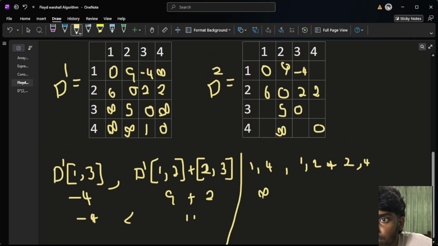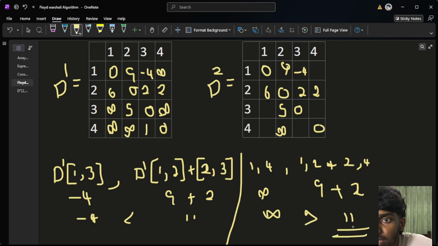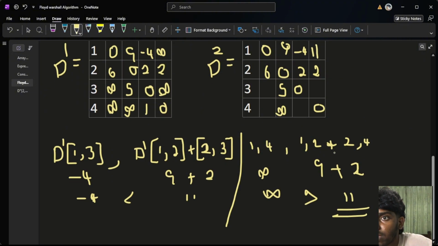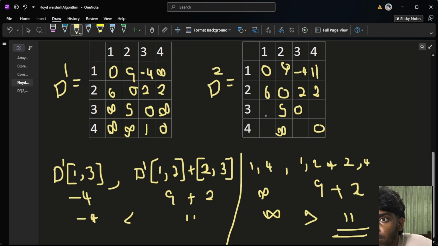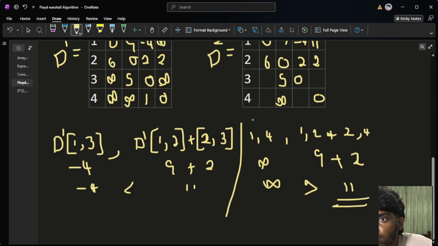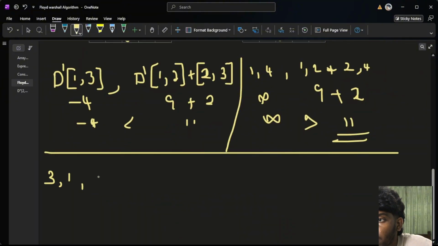And then we got the 1 to 4. So 1 to 4 is infinity, and the 1 to 2 is 9, and then 2 to 4 is 2. So here also 11 and infinity, so the 11 would be the shortest, so 11 goes right here. And then this one, 3 to 1.